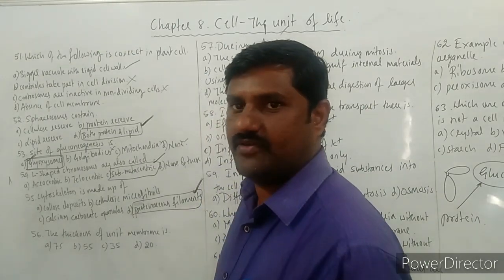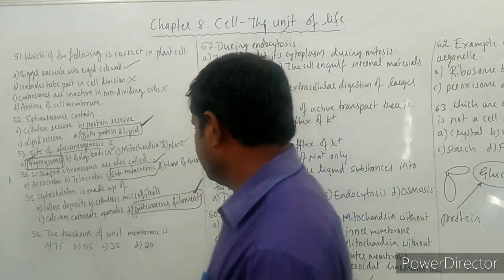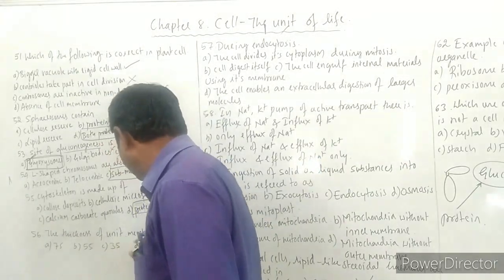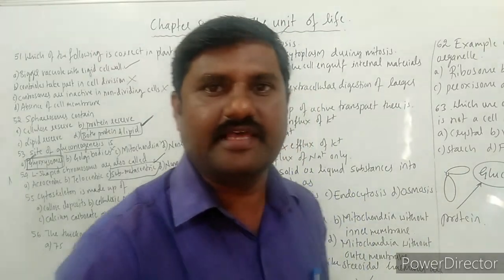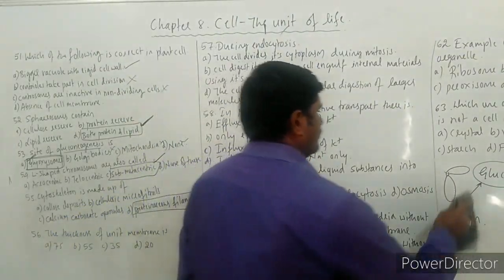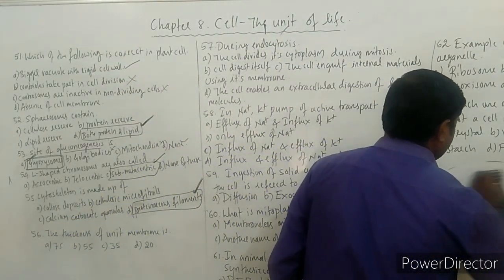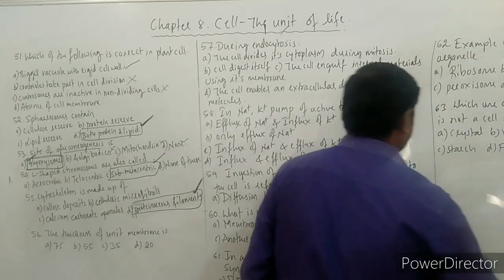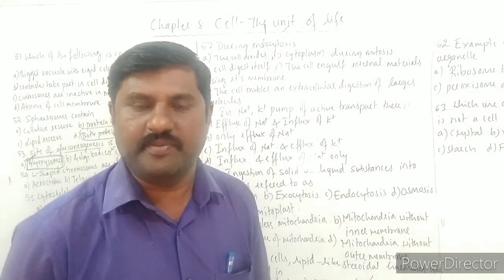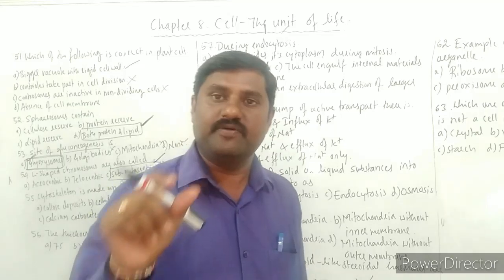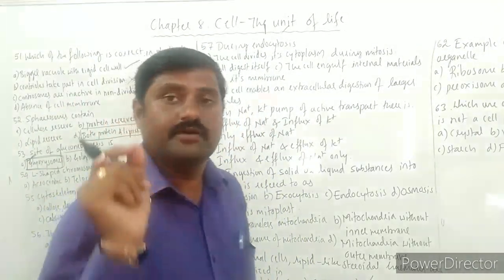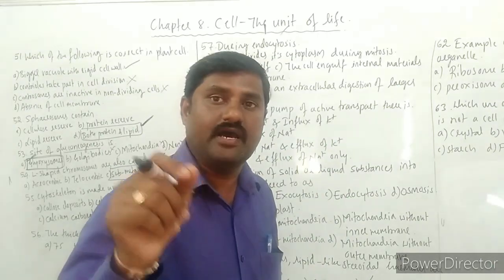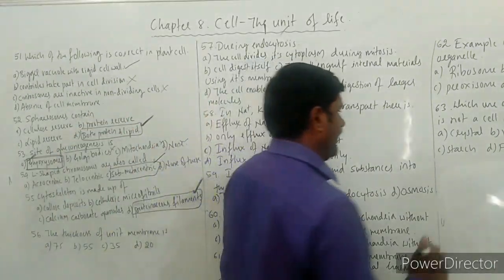Next question, a very important question. The thickness of the unit membrane. I have already shown this. How thick is it? It is called a unit membrane. Why? Because it is not made up of a single layer, it is made up of 3 layers. Hence it is named the trilaminar model of the plasma membrane.